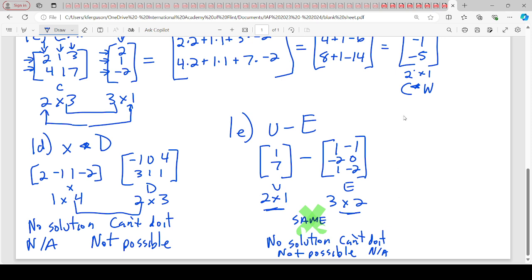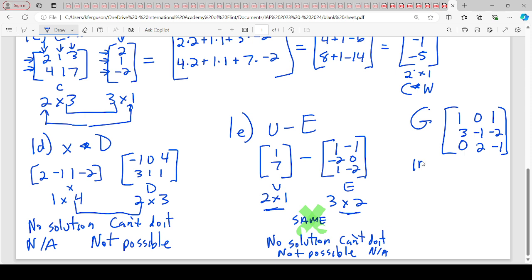Okay. So now we've got 1F and 1G. So we need to look at G first. So G is a matrix 1, 0, 1, 3, negative 1, negative 2, 0, 2, negative 1.